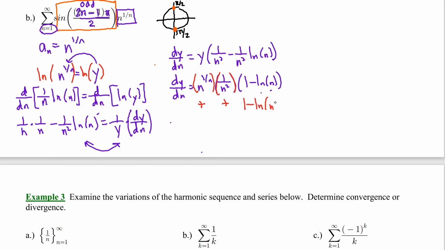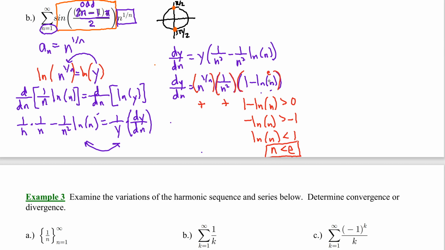This term will be positive, or greater than 0, if I solve this little inequality by subtracting 1 and reversing the inequality sign: n is less than e. So this factor right here will be positive when n is less than e. Think about it. When n is equal to e, natural log of e is 1.